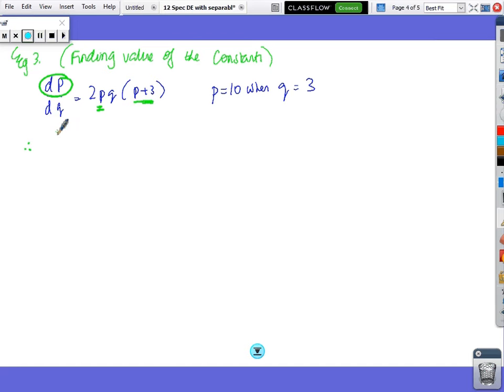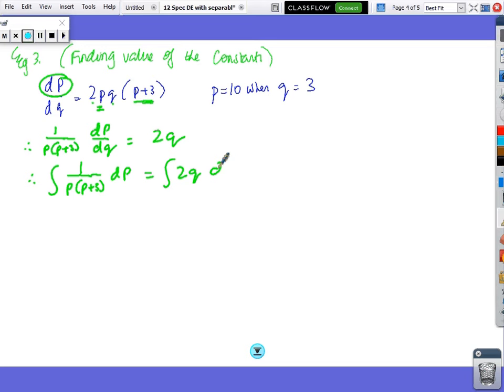So the next line would be 1 over P plus 3 dP/dQ equals, all that's left behind is 2Q. So eventually 1 over P plus 3 dP equals 2Q dQ.